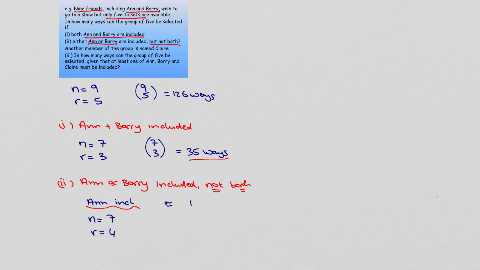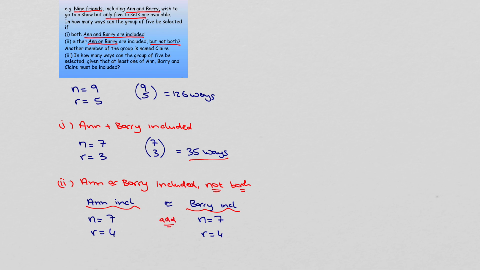Or we could have Barry included and Anne not included, in which case, well, we're still looking at the other 7 friends to give a ticket to, and we still have 4 tickets left to give because Barry's getting one and Anne isn't. So there are still 4 left. And the or means that we are going to add the 2 answers.